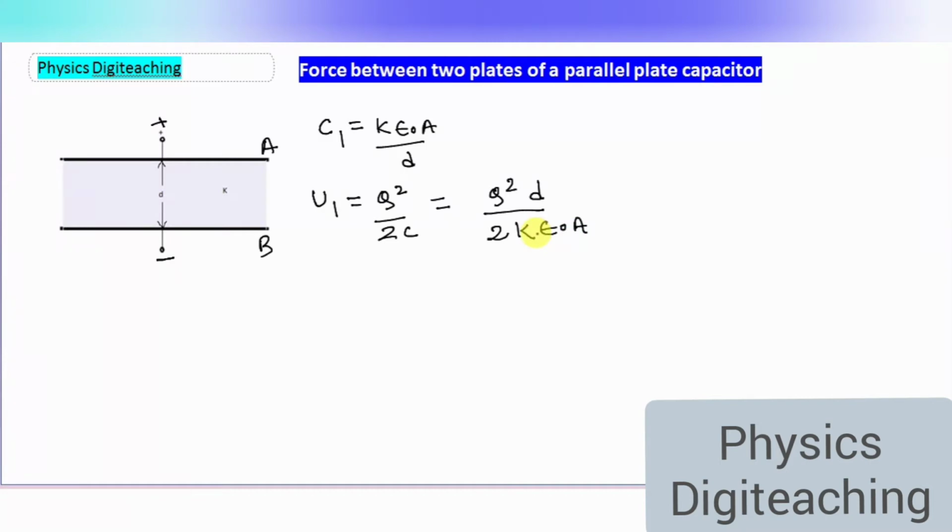Now we increase the distance between the two plates A and B from D to D plus X. Hence the capacitance will change, and the electrostatic energy will change as well.